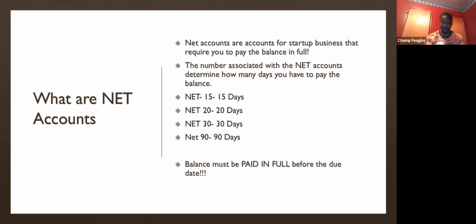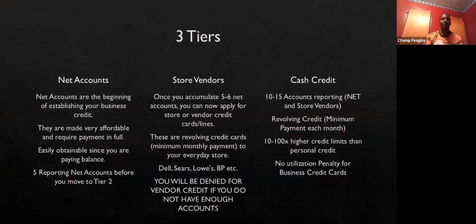Remember that, okay? Now, there are 3 tiers to building your accounts. There are 3 tiers, okay? I'm making a disclaimer. Do not go get your bank account and then ask them, can you get a credit card? Because that's just gonna make you look so unprofessional, because you have no accounts on your business profile yet.